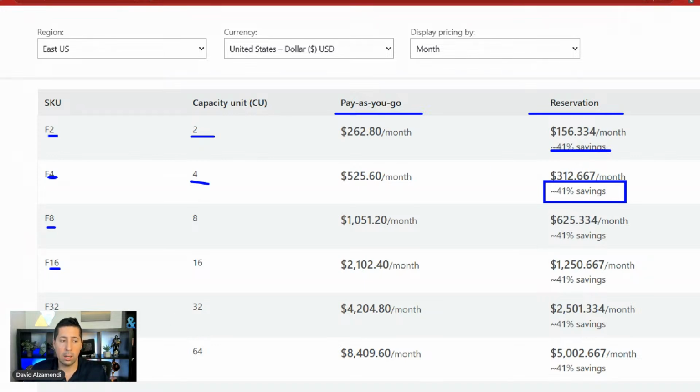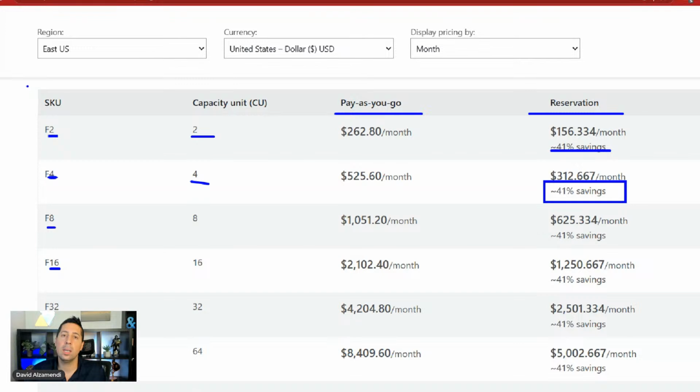And look at the F64 at the bottom. Remember, independently of the SKU, if you are going to have Power BI developers, people creating reports, you have to get an additional Power BI Pro license or Premium per User license for them. That's a given. But if you're planning to make all the reports available to thousands of users or 500 users, you get that for free starting at the F64 tier.